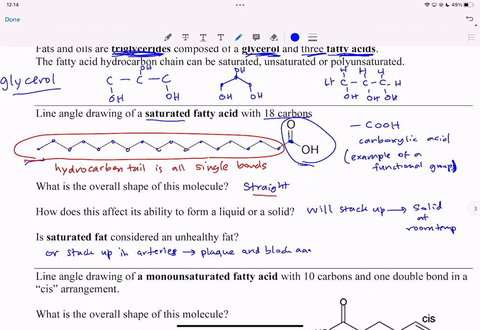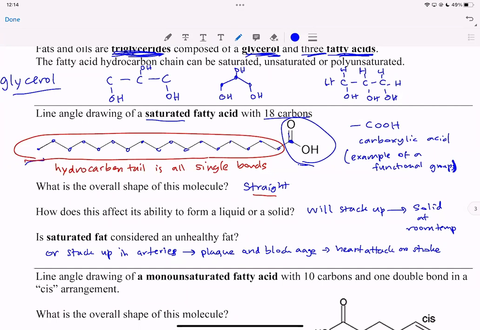And when you have the blood flow blocked to that cardiac artery, it leads to a heart attack. So this is no good. A heart attack or a stroke, both of those can happen.